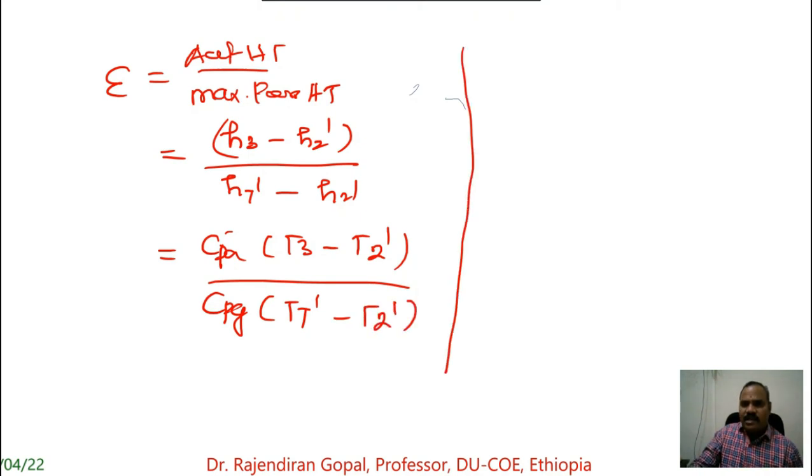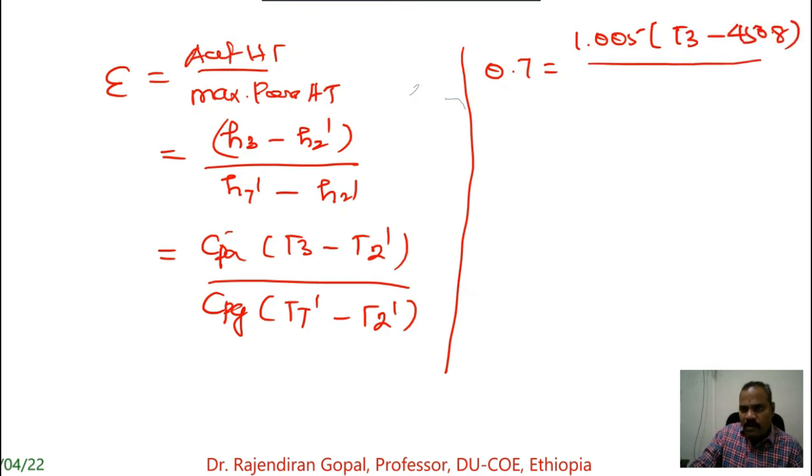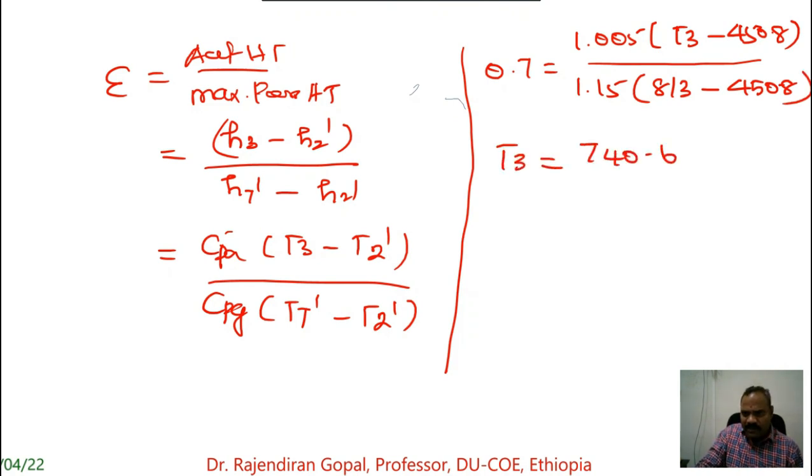We know that the effectiveness of the heat exchanger is equal to 70%, that is 0.7 is equal to Cp of air 1.005 into T3 minus T2 dash, 450.8, over 1.15 multiplied by 813 minus 450.8. We get T3 is equal to 740.6 Kelvin.